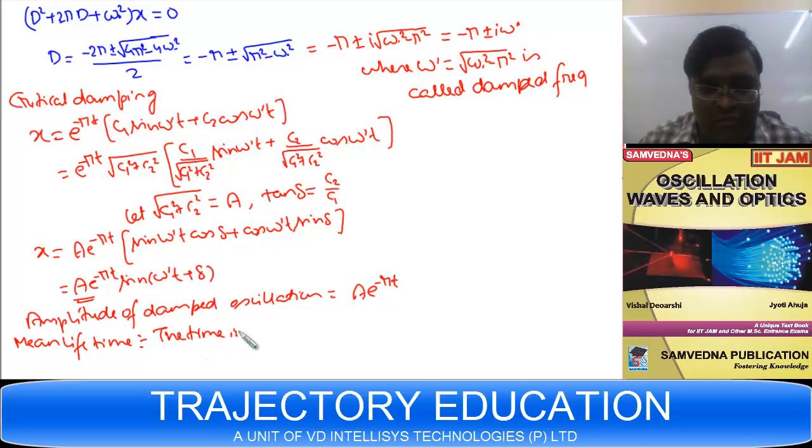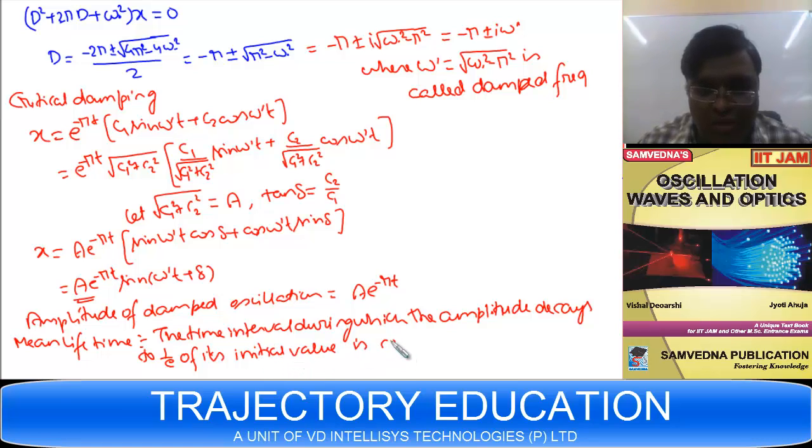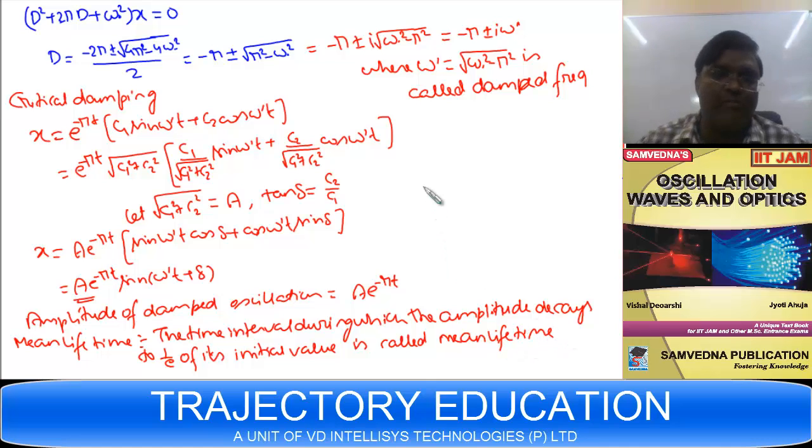It's the time interval during which the amplitude decays to 1 by e of its initial value. This is called mean lifetime.